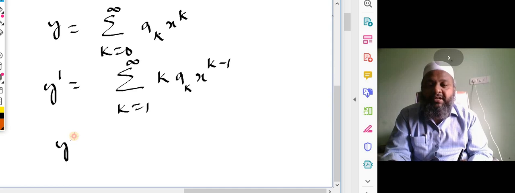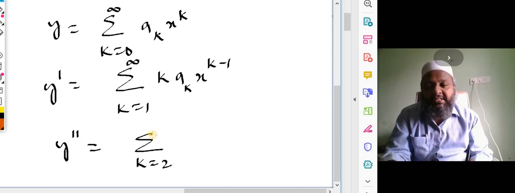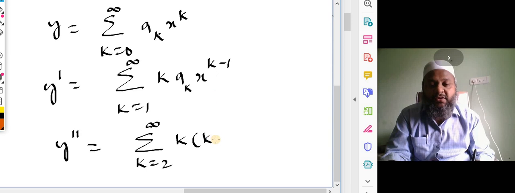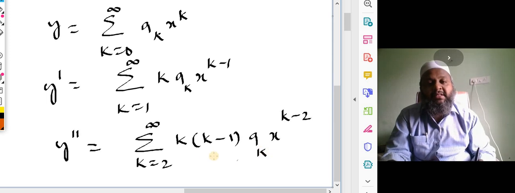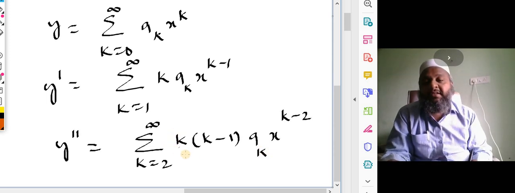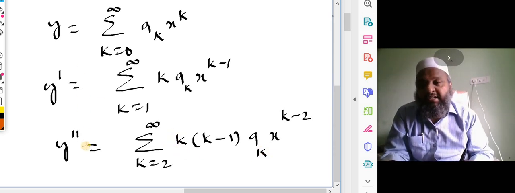And if you do the differentiation once again, one more term will be gone, so summation starts from 2 onwards. So this k is already there. This x power k minus 1 is going to become k minus 1 into x to the power of k minus 2, and ak is as it is. So this is how we get that particular y and y dash and y double dash.